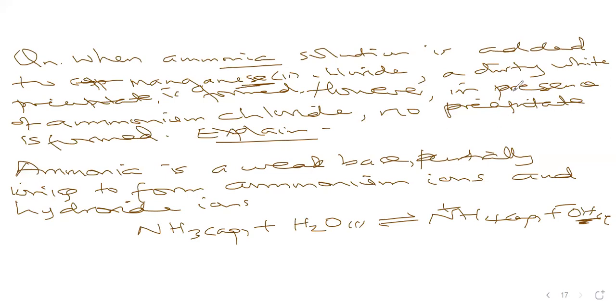And why is the precipitate formed here in this case? It is because the concentration of hydroxyl ions, although ammonia is a weak base, the concentration of hydroxyl ions it gives us is high enough for the ionic product of manganese 2 hydroxide, which we are forming here, the ionic product of the sparingly soluble electrolyte, to exceed its solubility product. So you bring in that concept.